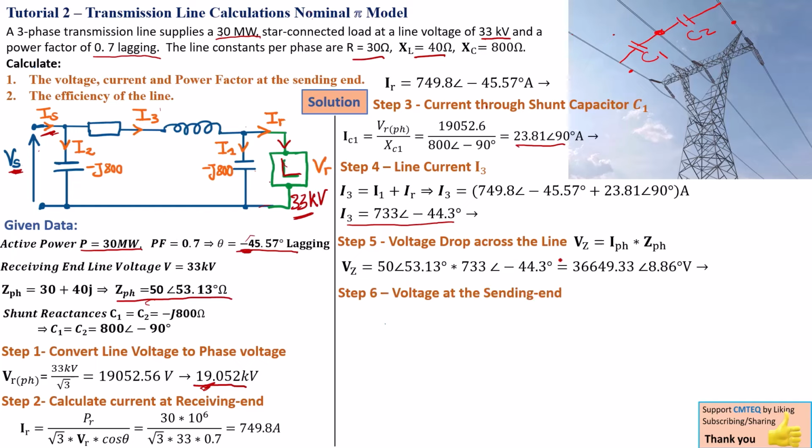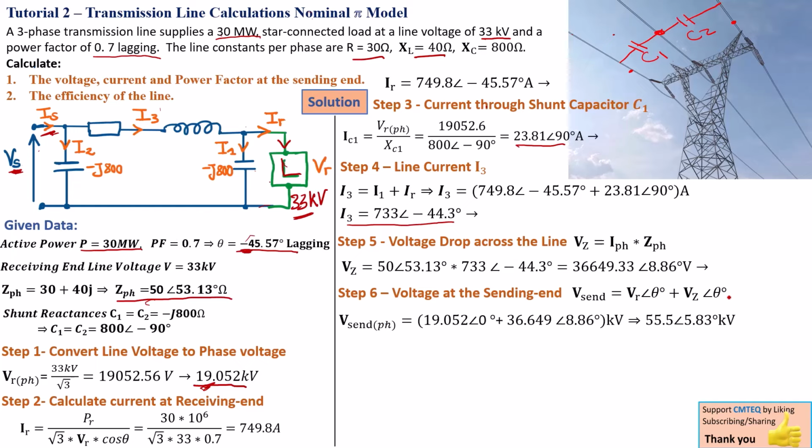That will be step 6. The voltage at the sending end is V send equals VR angle theta plus VZ angle theta, per phase parameters. Never forget that. So it's going to be 19.052 kilovolt with a 0 degree angle plus 36.6 kilovolt with an angle of 86.